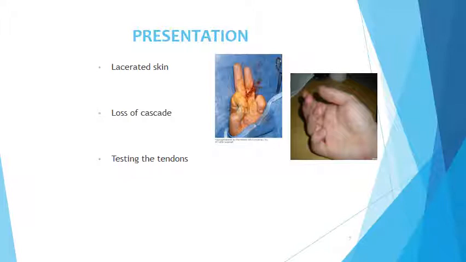So there are tests to see if an FDS or FDP tendon is lacerated. But take care not to put stretch on it. Be very careful, or else you will just cause that tendon to retract further away.